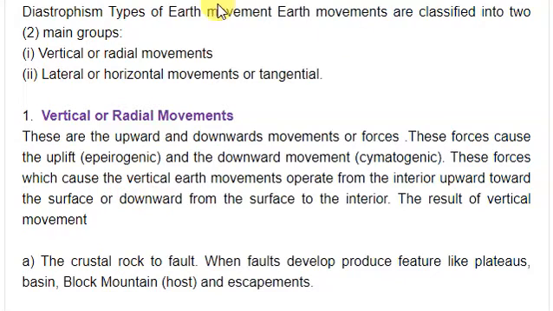So vertical movement can be uplifting or downward. If uplifting, they operate from the interior to the outside, and if downward, they operate from the surface to the inside.